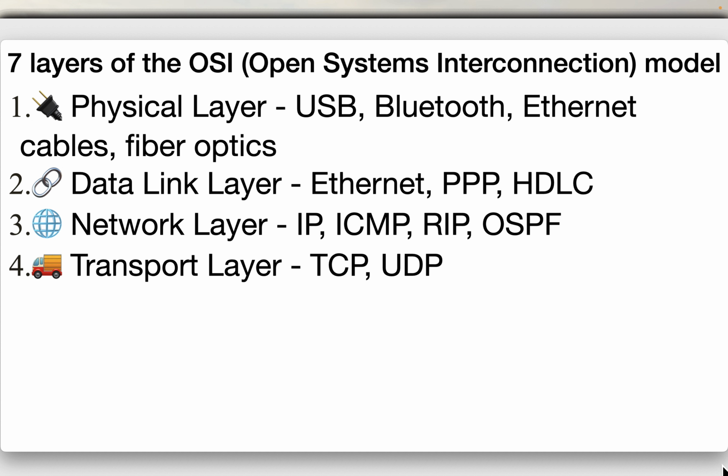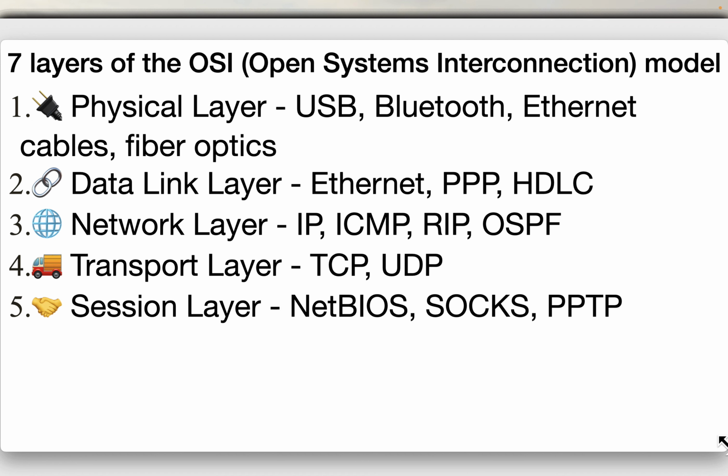Then fourth we have the transport layer, which is TCP UDP, and which provides reliable data transfer between end systems. TCP UDP most of us know because we have worked with them, through which the packets flow, and IP is the IP addressing layer through which IPs get recognized and traffic flows. And fifth we have the session layer.